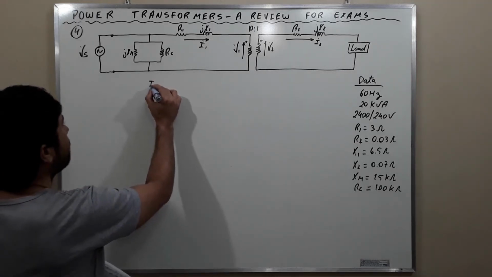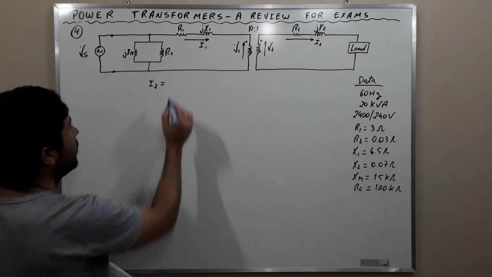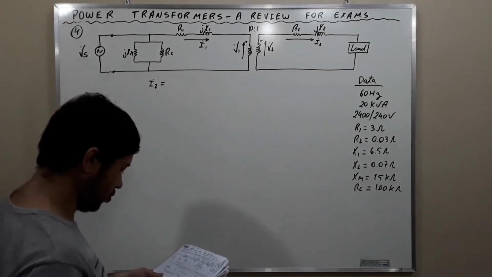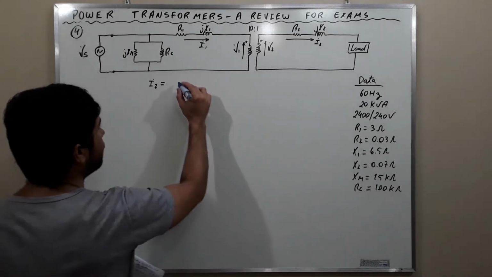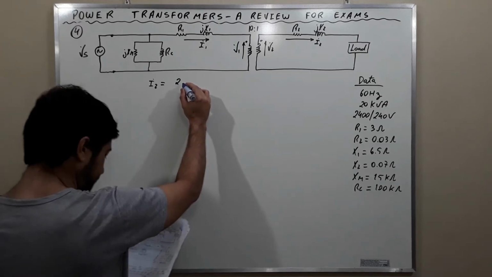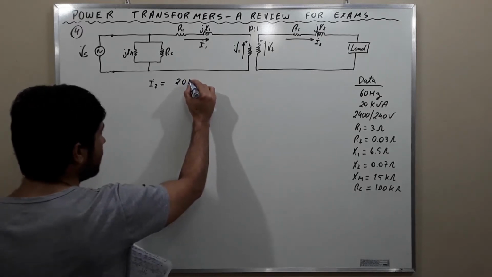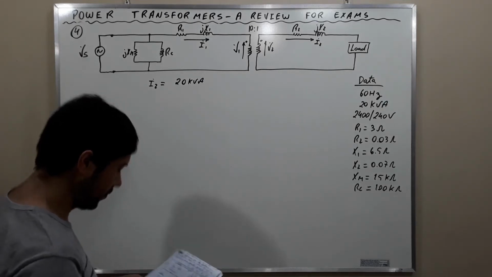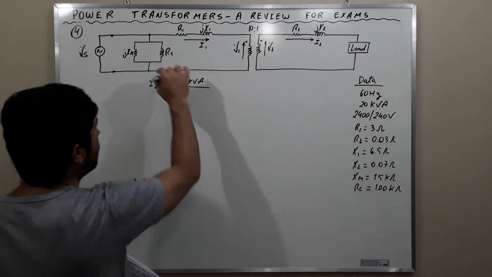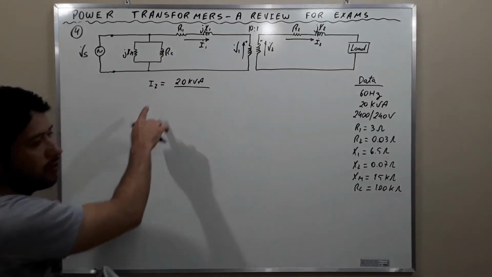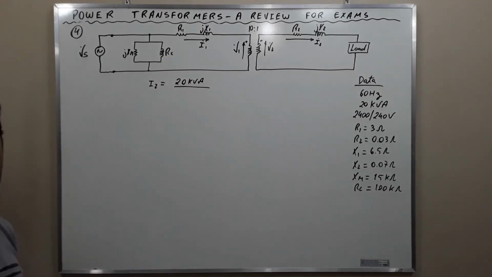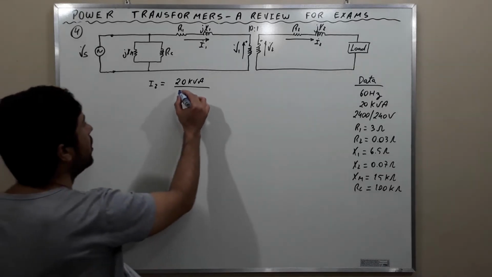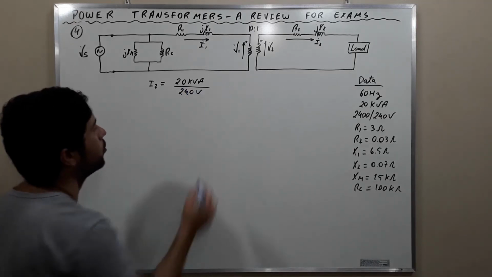I2 is equal to the power, 20 kVA, divided by, this is not the phasor, only the magnitude, we are working only with the magnitude, 20 kVA divided by 240 volts.